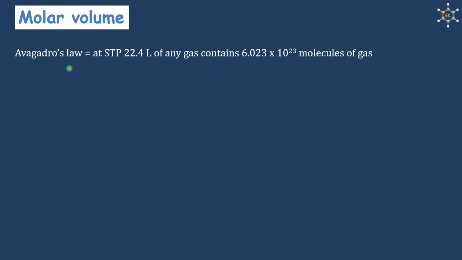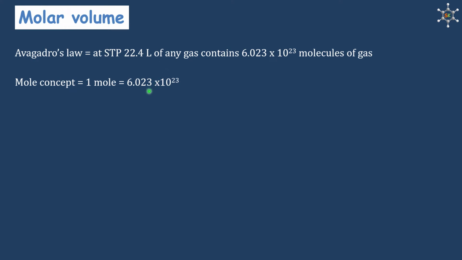Molar volume. From Avogadro's law, we know that at STP, 22.4 liters of any gas contains 6.023 × 10^23 molecules of gas. And from the mole concept, we understood that 1 mole equals 6.023 × 10^23.